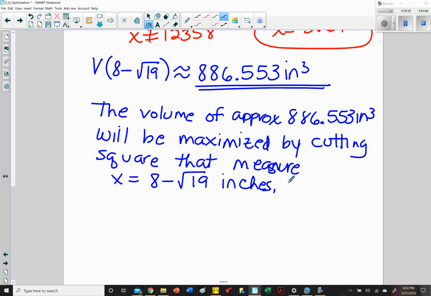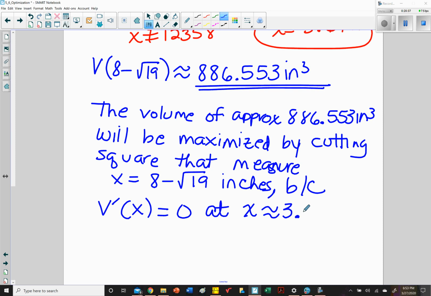And the reason we know that is because the derivative was 0 at 3.641 inches, which is this amount. And the signs changed from positive to negative, even though I didn't run that test.